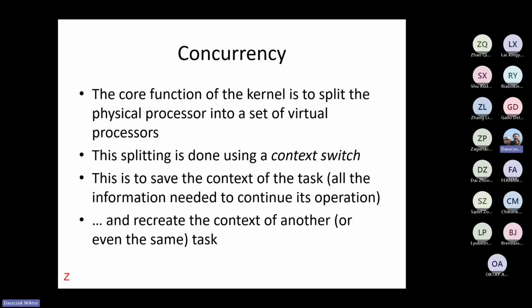We have concurrent run of processes even if we have a single processor. It is done inside a kernel. We organize parallelism using the operation of context switch between the context of one task and another task.